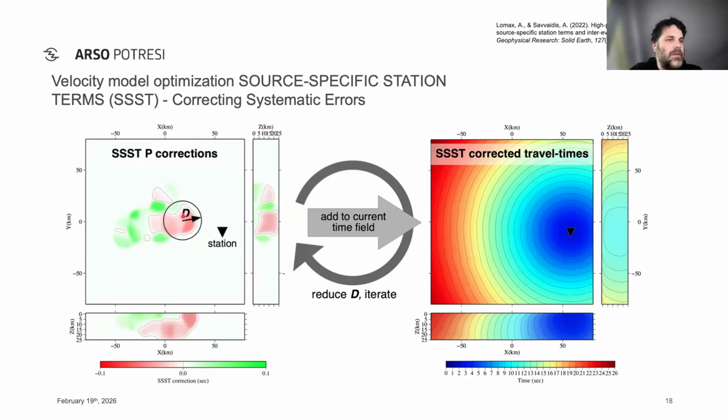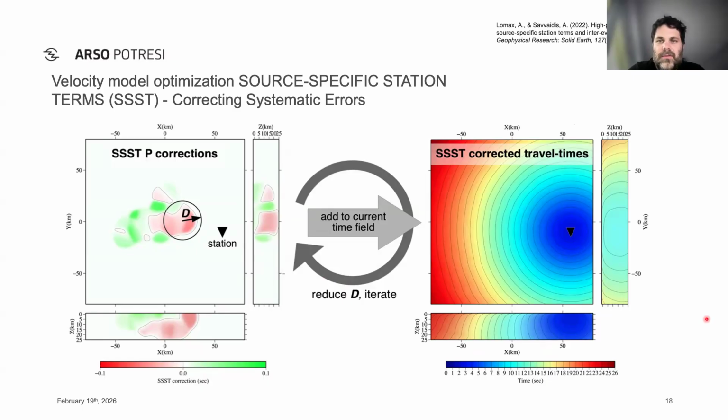Our 3D Earth does not actually look like our 1D representation, so we can use these source-specific station terms to overcome this. But even if our initial data is a 3D velocity model, SSST still gives us better results because it can still model some unknowns that are not shown in our 3D velocity model.